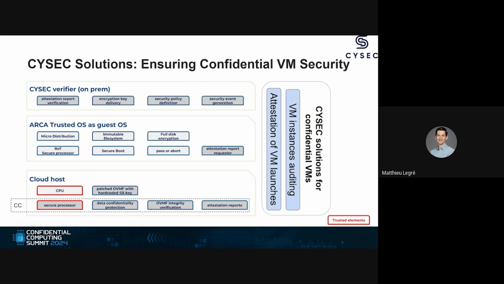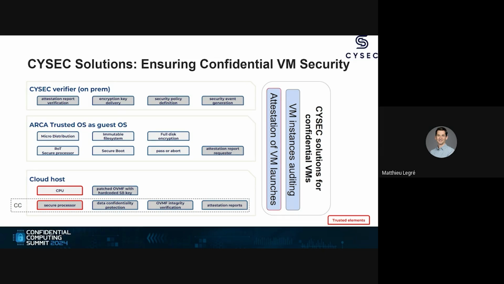With this approach, we reduce the trust model to the CPU and to the secure processor. In short, we trust the confidential computing mechanisms offered by the CPU, and based on this, we build our solution.